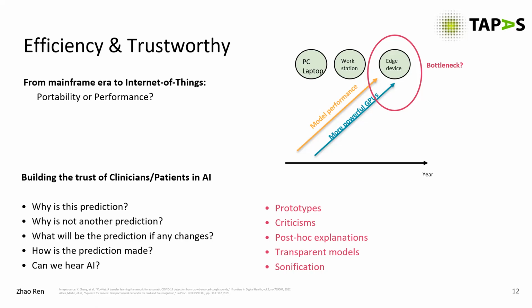We still need to explore. And there are also some other possible explanations, such as how can we hear the model. AI sonification may provide us a solution. It means that we can convert the explanations to audio, or we directly generate acoustic explanations for the AI models.